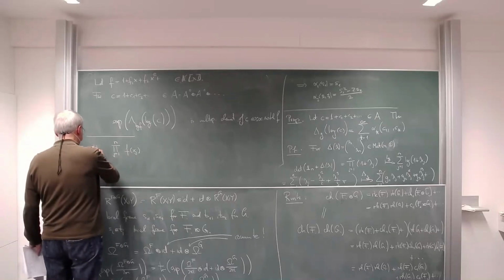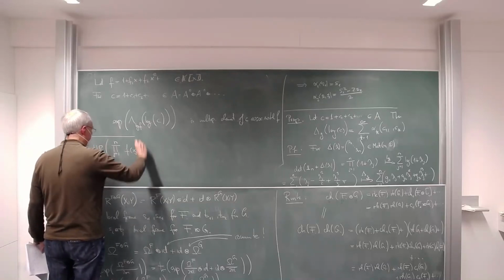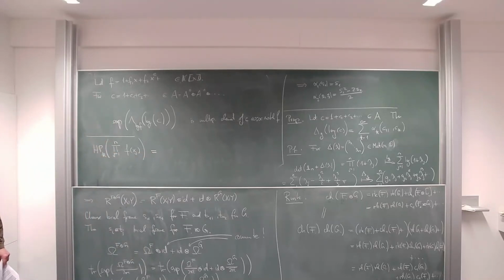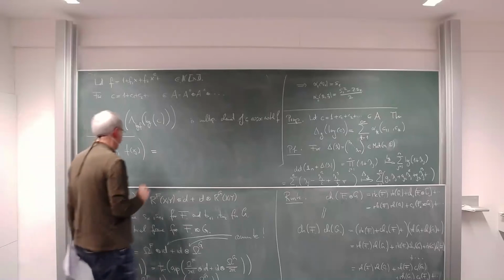And the homogeneous part of degree k of that thing can then again be written as a unique polynomial in the elementary symmetric functions, just as before.